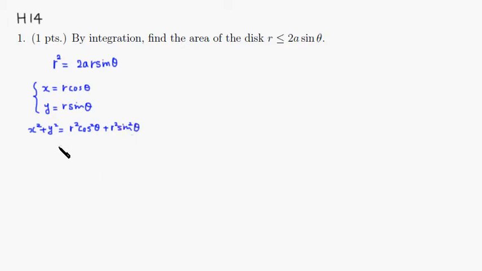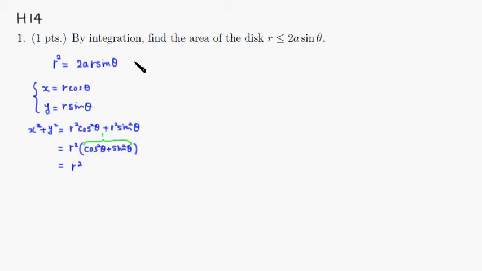Factor out the r squared and you have cosine squared of theta plus sine squared of theta, which is equal to 1. This is a famous trig identity. So x squared plus y squared is exactly the same thing as r squared.